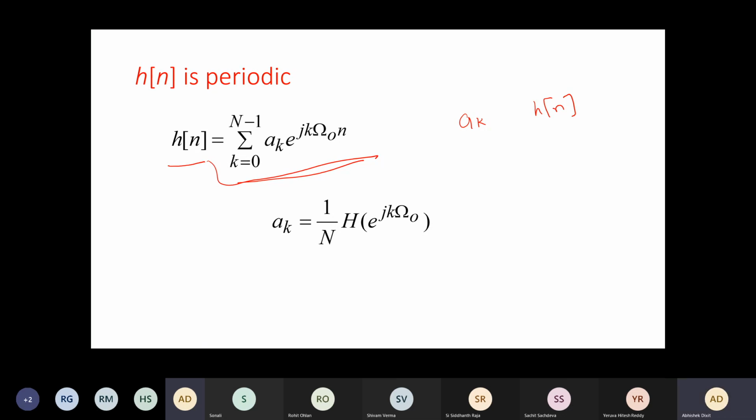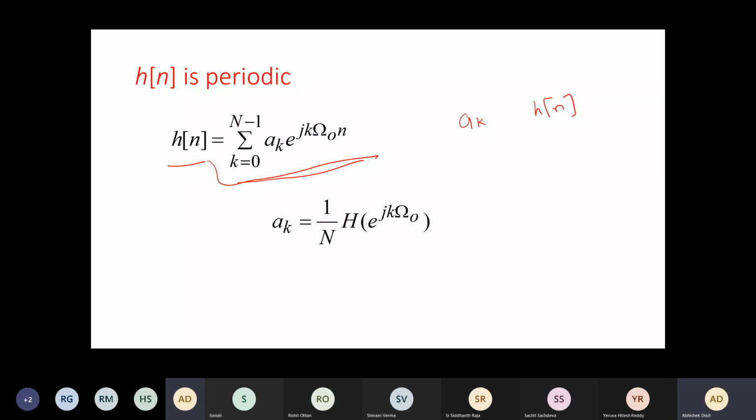Tell me, what is the way by which you can find AKs from Hn? Intuitively. No ideas? Okay, let us see.